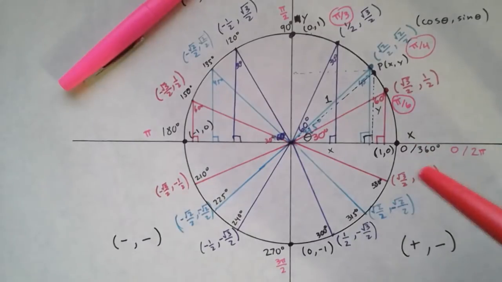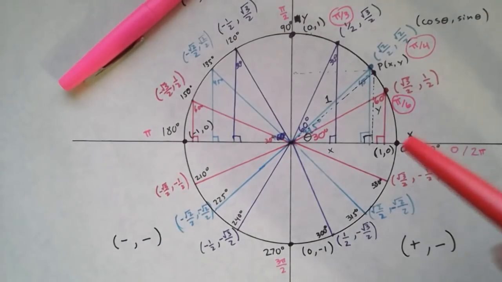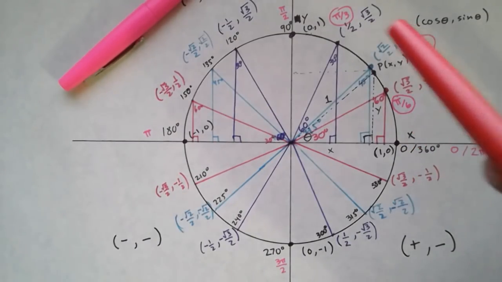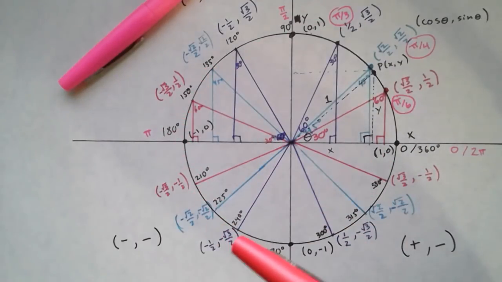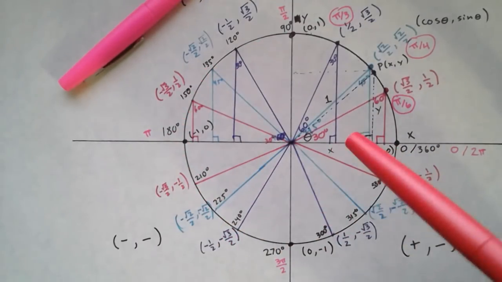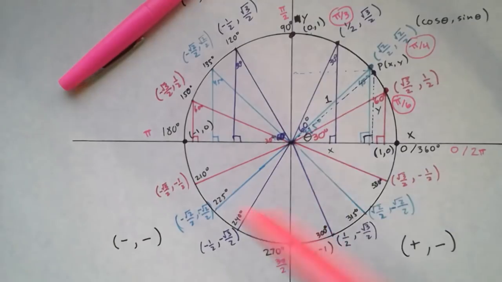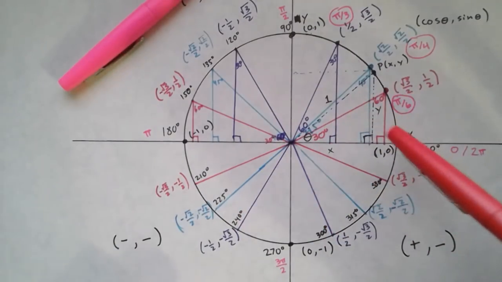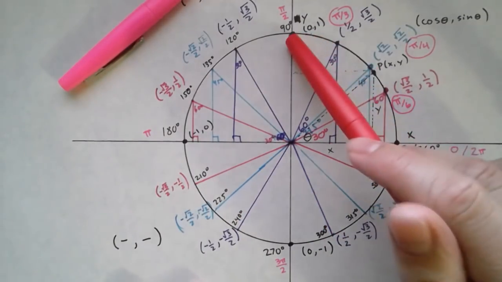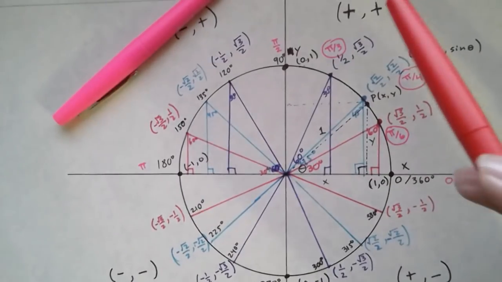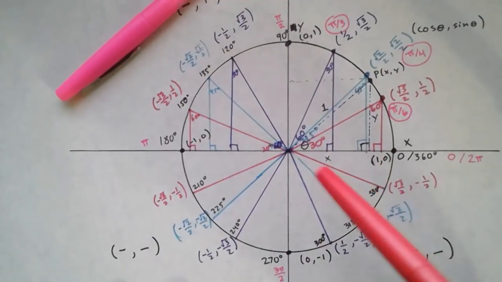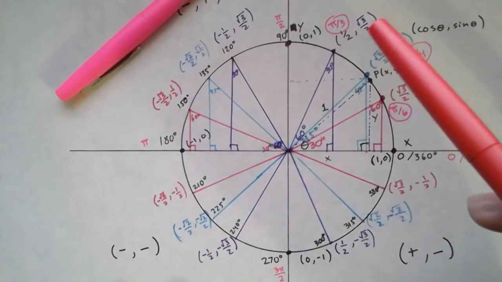When I was in high school, my teacher told me to memorize the unit circle, memorize all these values going around. However, hopefully you picked it up, and I tried to tailor the lesson to it. All you really need to know is the first quadrant, and then know the signs of each quadrant, because the value of the point stays the same.